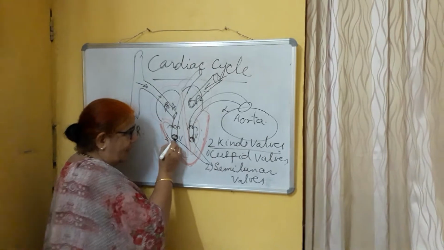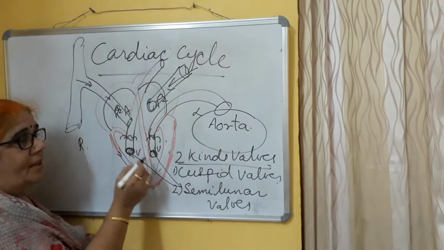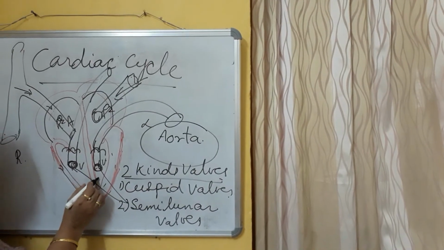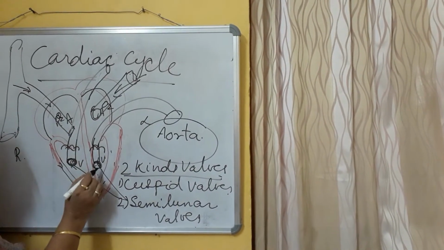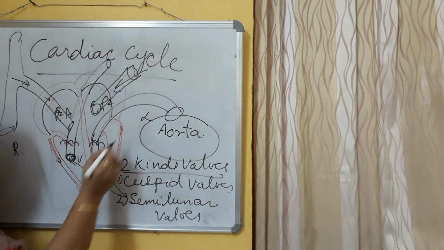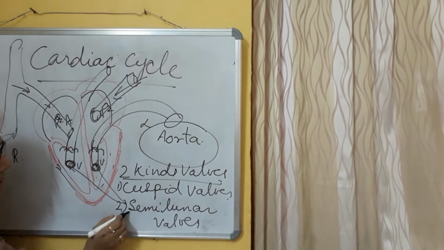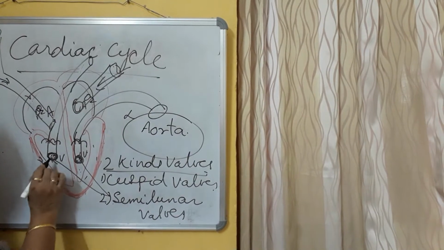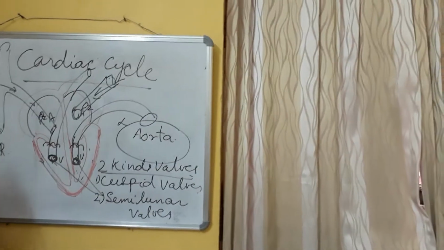So this pulmonary artery has one semilunar valve. Another one, the aorta, starts from the left ventricle and carries blood to the whole body. So the semilunar valves are present in the pulmonary artery and aorta.